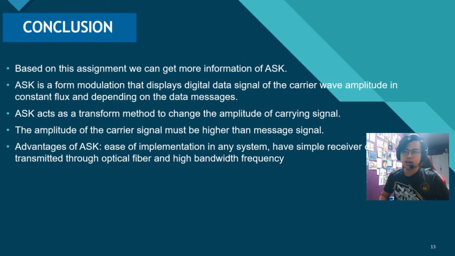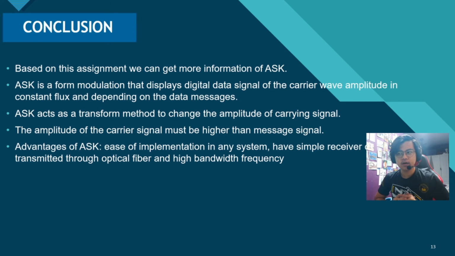In conclusion, based on this assignment, we can get more information about the ASK signal. ASK is a form of modulation that displays a digital data signal as the carrier wave amplitude in constant flux depending on data messages. ASK acts as a transform method to change the amplitude of the carrier signal.